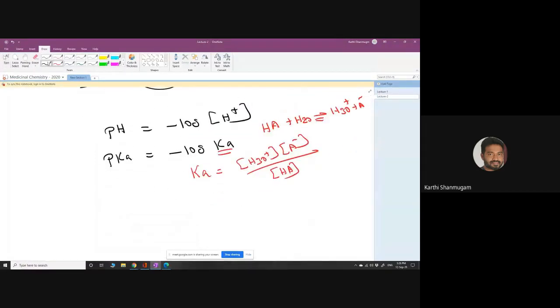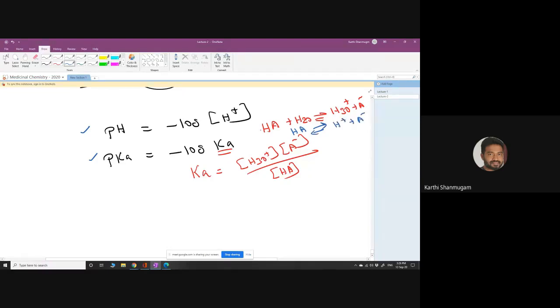So this is how to calculate the pH, and this is the formula used for calculating pKa, right? We can simplify this equilibrium reaction and write it simply as HA gives H plus and A minus.